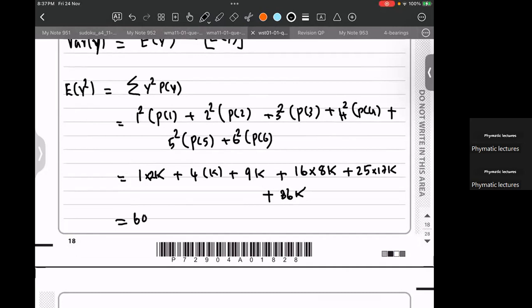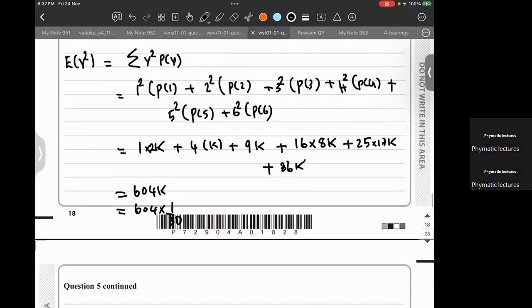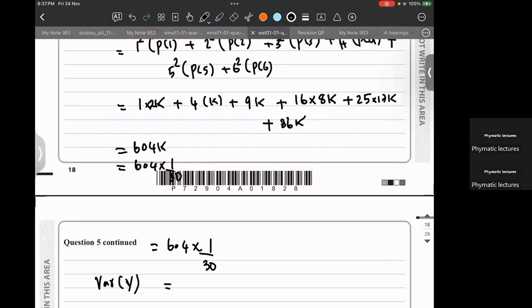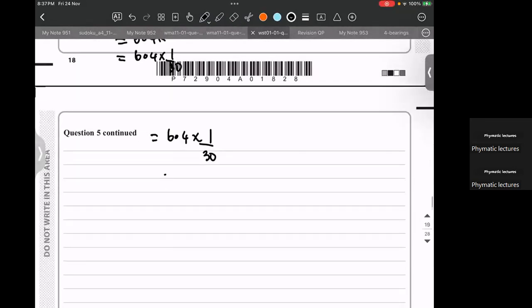We will get 604k. Since k is 1 over 30, it is 604 times 1 over 30. This is not the variance of y, this is actually the expectation of y square, which is 604 over 30.